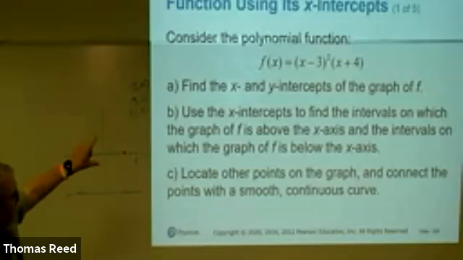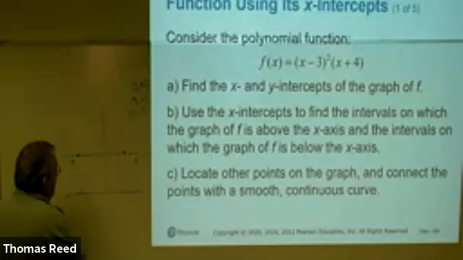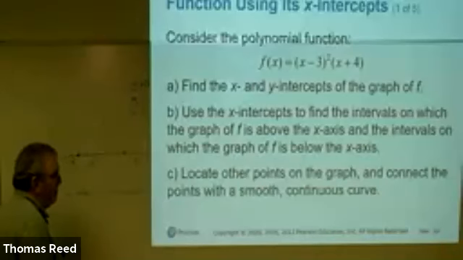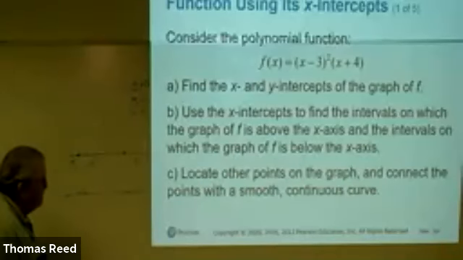And so to do letter B, we pick x values to find out where the graph is above or below. So I'm going to use -5, and I'm going to use -2, and I'm going to use +5 for my values.